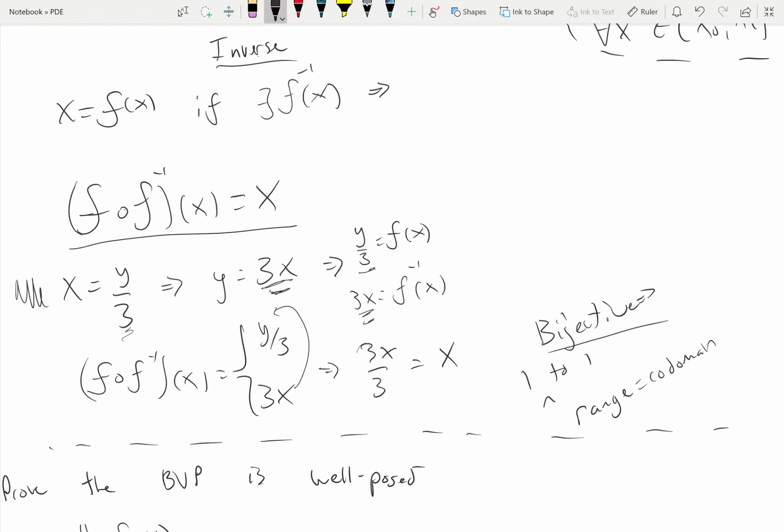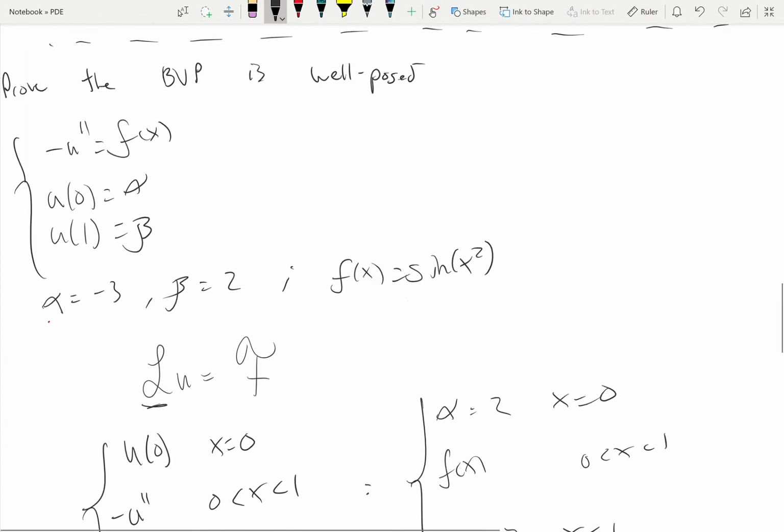If x is equal to y over 3, I can rearrange it to y is equal to 3x. Now this implies two things: y over 3 is equal to f of x, and 3x is equal to f inverse, and when I compose it, I put 3x into the y, that becomes x. So that checks out. That's just a recap of inverses and monotonic functions.